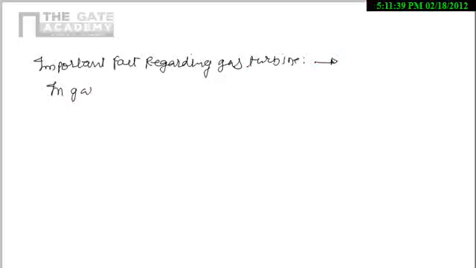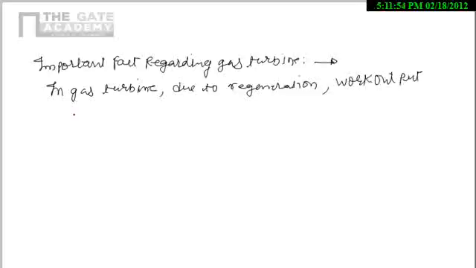In a gas turbine, due to regeneration, the work output will remain the same. Why am I writing this fact? Because in case of a Rankine cycle, due to regeneration, the work output will decrease.